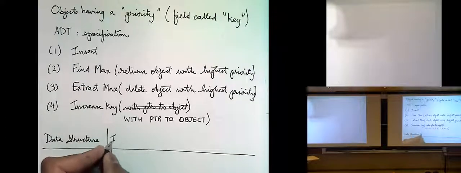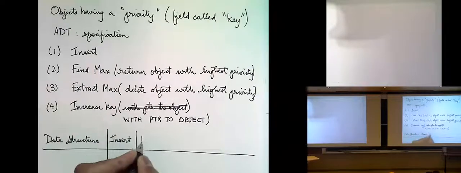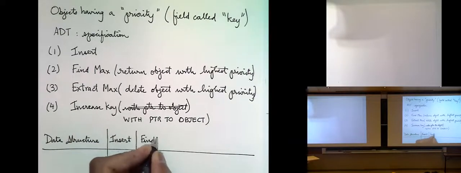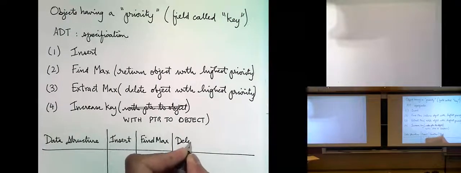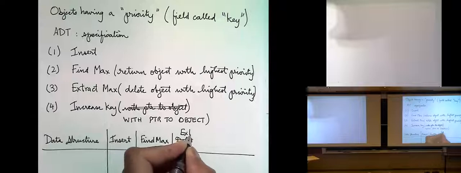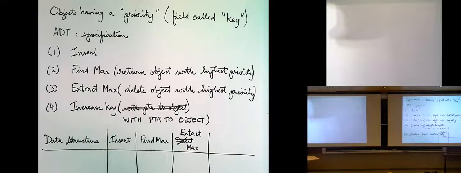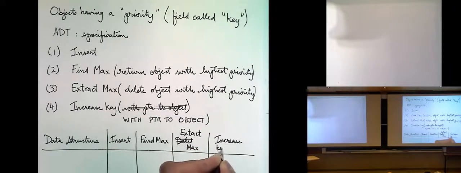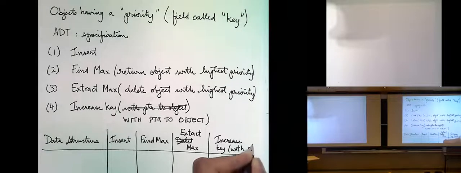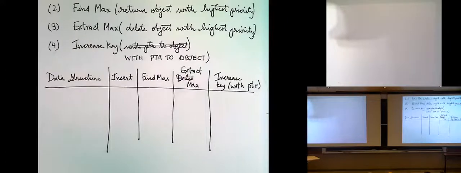So we'll do insert, find max, extract max, and then increase key with a pointer. What I mean is that you want to increase the key for an object to which you have the pointer to.